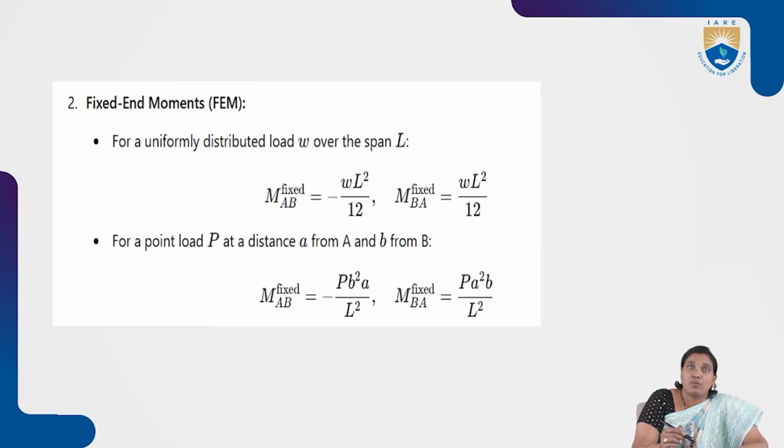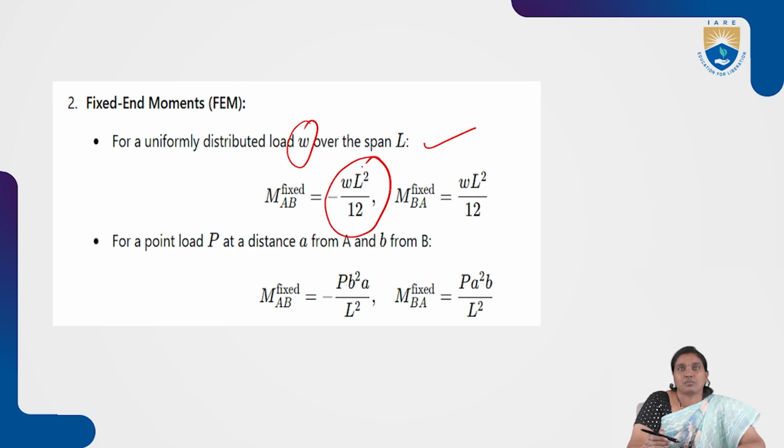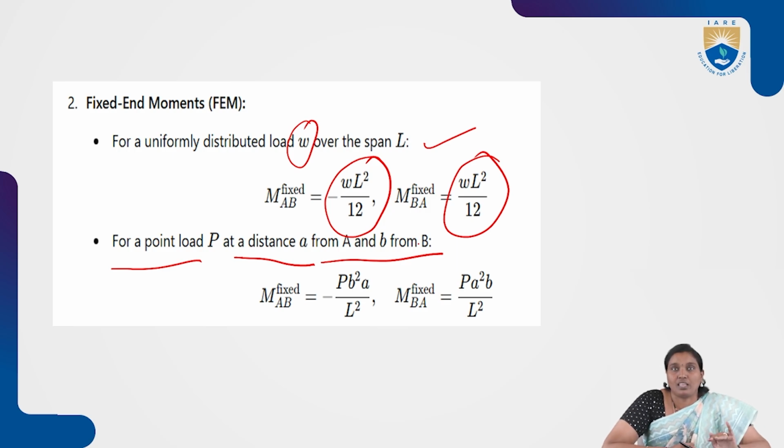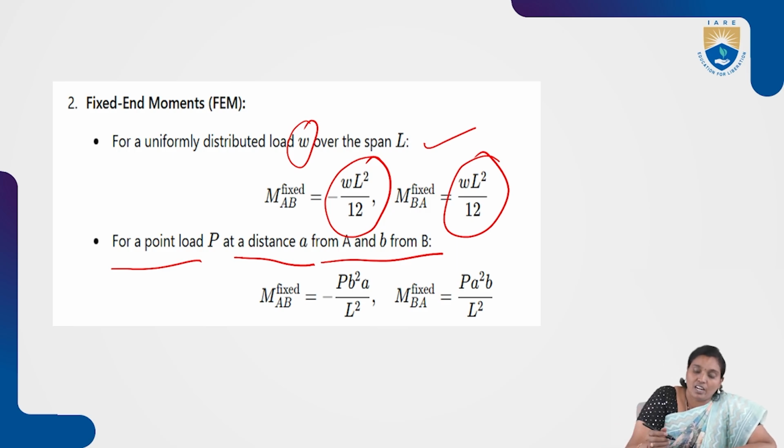Now these fixed end moments for a uniformly distributed load w over the span L are equal to wL squared by 12. From B to A that is also wL squared by 12. Coming to a point load P at a distance a from A and b from B, the fixed end moment for AB is equal to P b squared a by L squared. Here P represents the load.